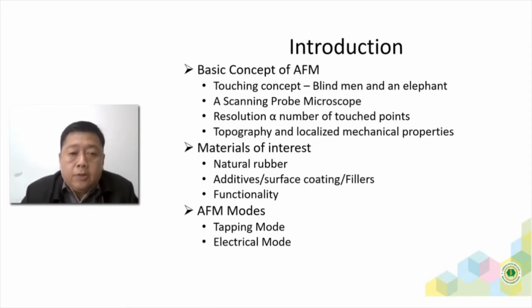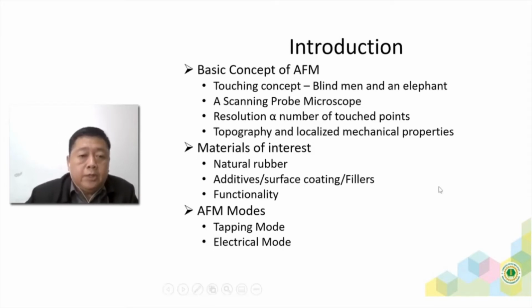Of course, the materials that we are interested in are natural rubber based, because the Malaysian Rubber Board is an R&D institution, and we do natural rubber research. The aim of our organization is to support the rubber industry, particularly in Malaysia, but we also support the whole wide world.